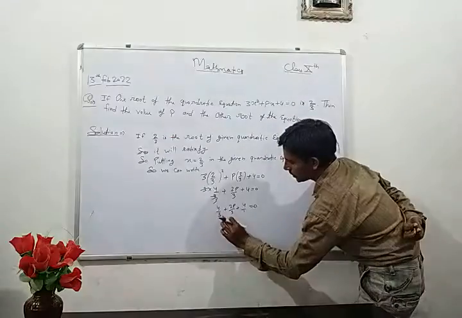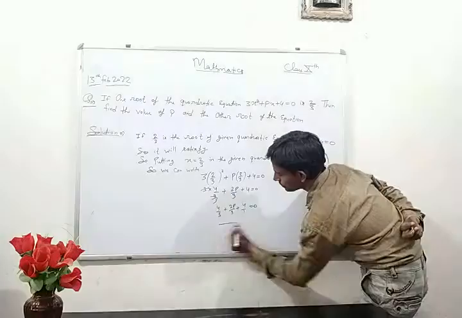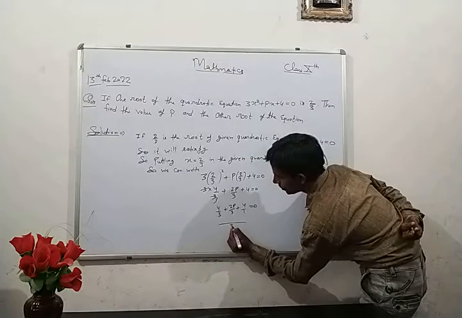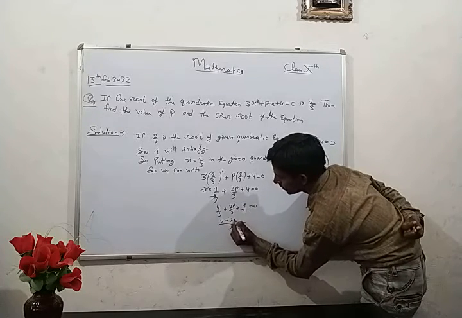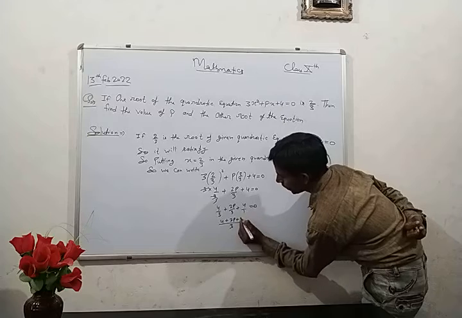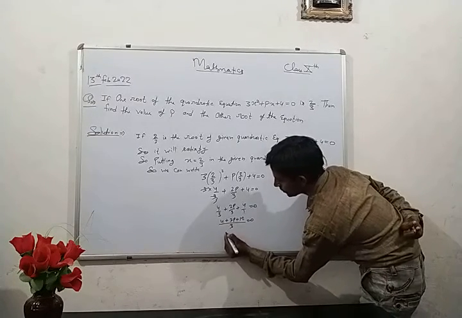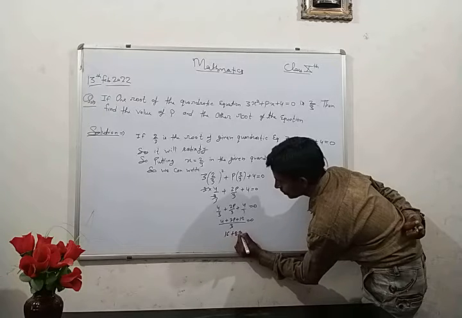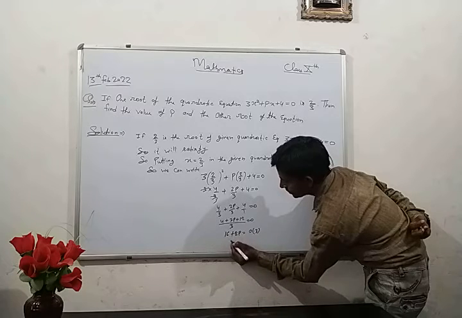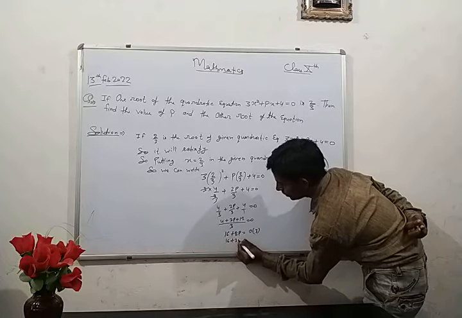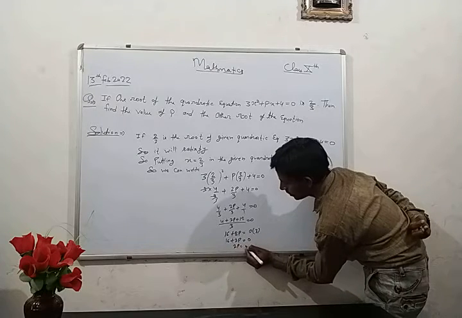After cancelling, 3 into 9 gives 4/3 + 2p/3 + 4/1 = 0. The denominators are 3, 3 and 1, so we take the LCM, which is 3. That gives 4 + 2p + 12 = 0. Now 4 + 12 = 16, so 16 + 2p = 0 (multiplying 0 by 3 is still 0). So 2p = −16.